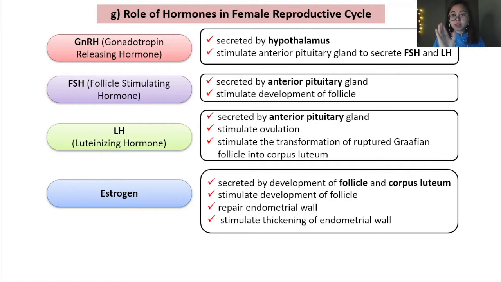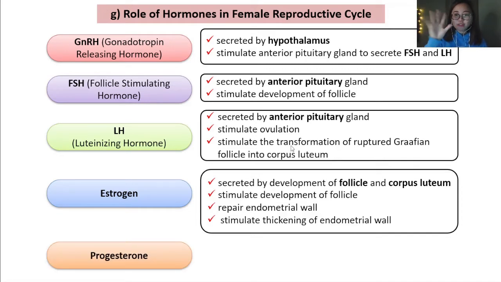So this is the layer of tissues and blood in the uterus. Function of estrogen is to stimulate the repair of that tissue and also to stimulate the thickening of endometrial wall. So dia akan menyebabkan dinding endometrium semakin menebal to build more tissue in the endometrial wall in the uterus.